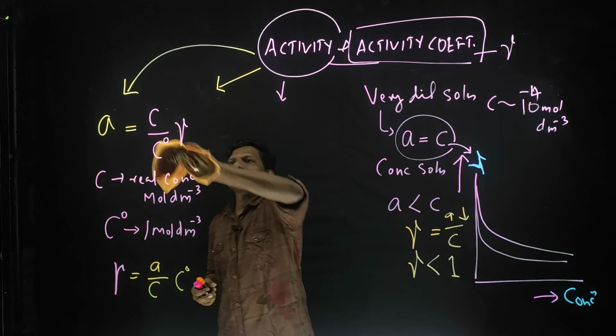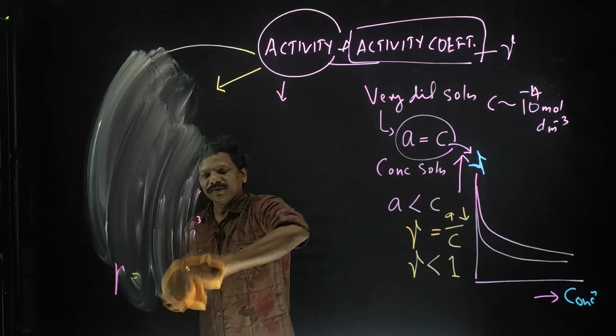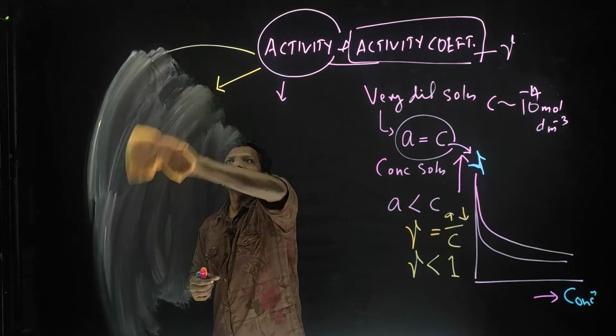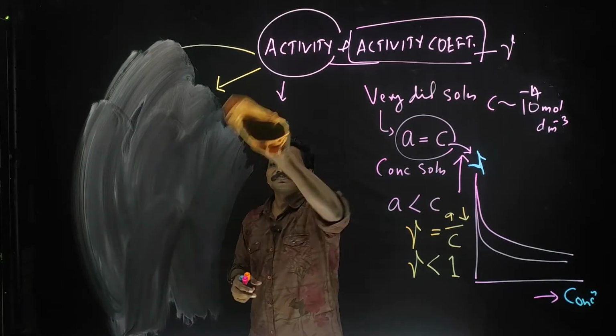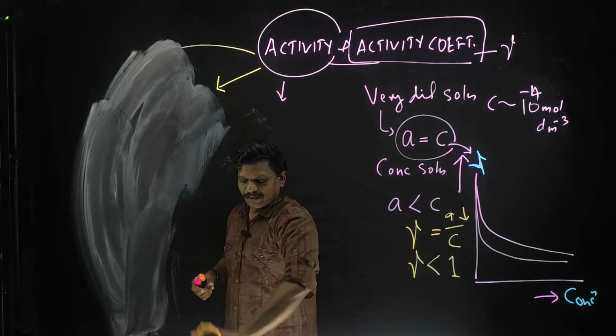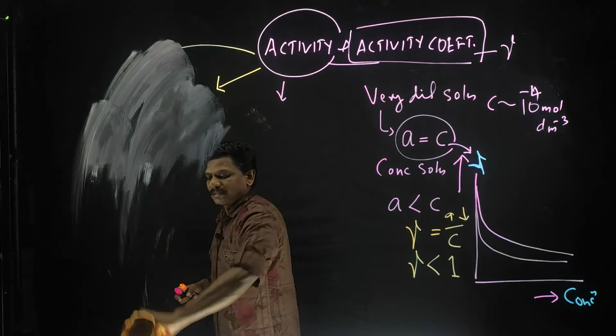Then I will give you some information about different types of systems. What is the activity value in different types of systems? We can see. First, we can take the solid.